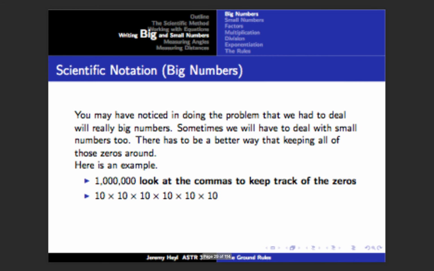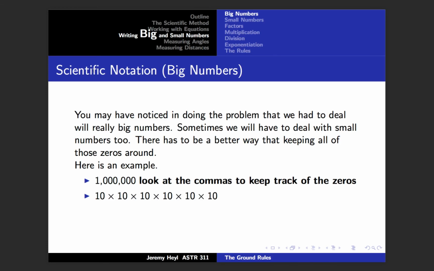So just to go through the math, I think most of you understand this, but I'm still going to do it just to get everyone on board. The basic idea is you write whatever it is where we have all of the zeros, and I keep track of the number of times that I would multiply 10 by itself to get the number.